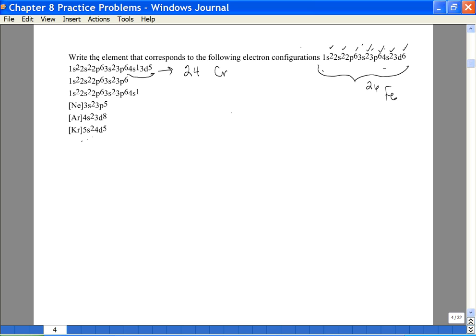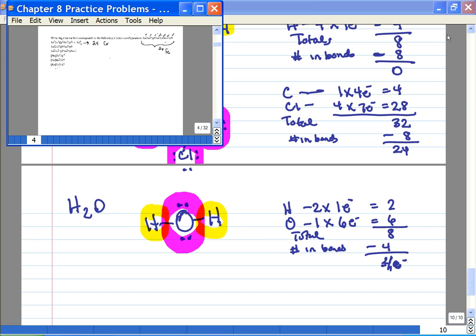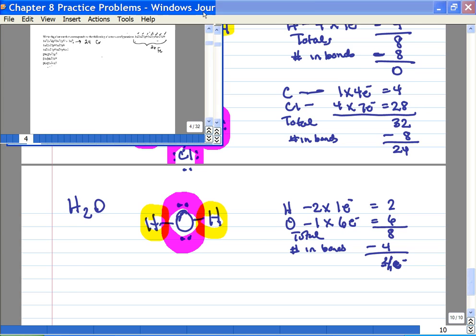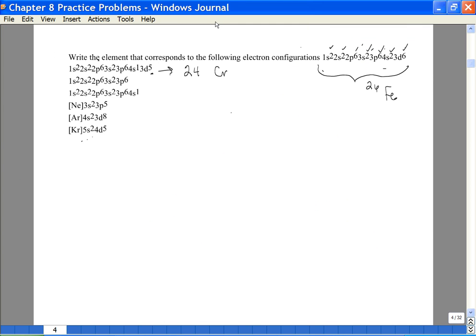Looking at one more here, let's look at argon. So when we add up the total number of electrons, what we need to do is find argon on the periodic table. And we see that the total number of electrons that argon has is 18.